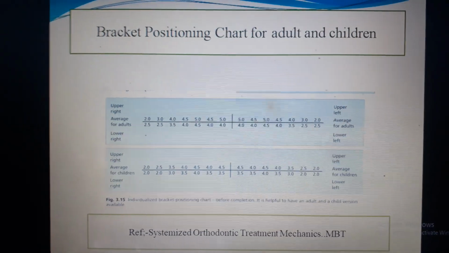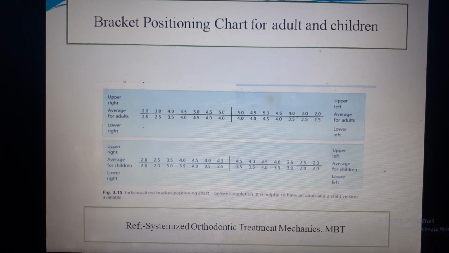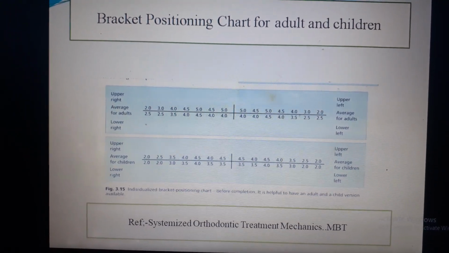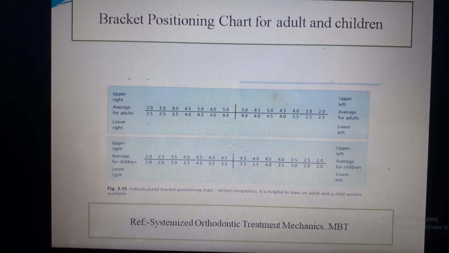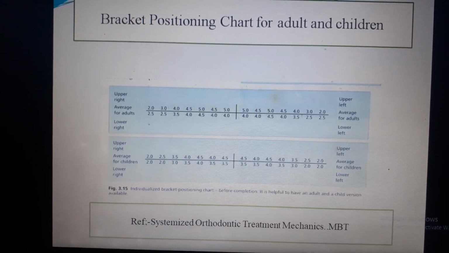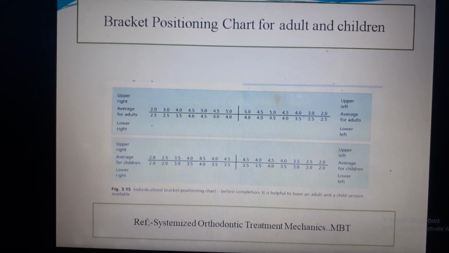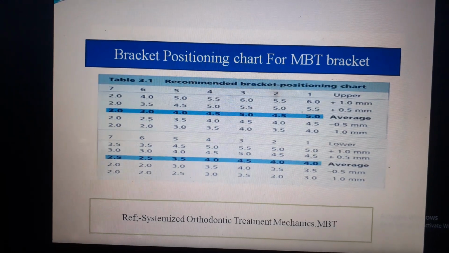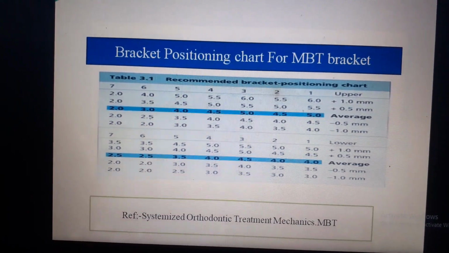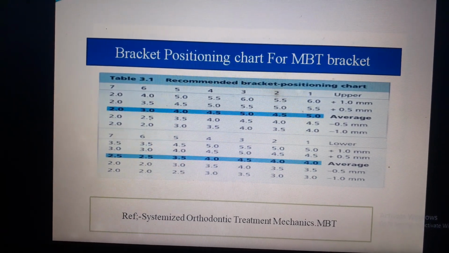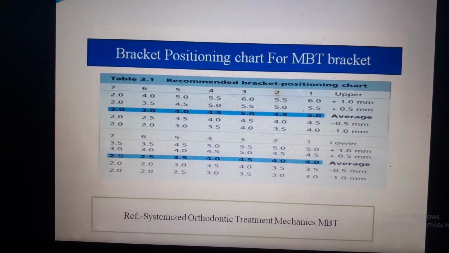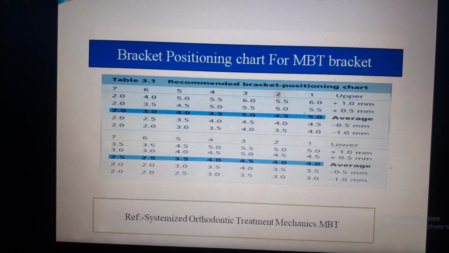Then there is a standardized bracket positioning chart for adults and children. The first table is for adults, the second is for children. Then the MBT bracket chart. First, the upper one is the blue line.